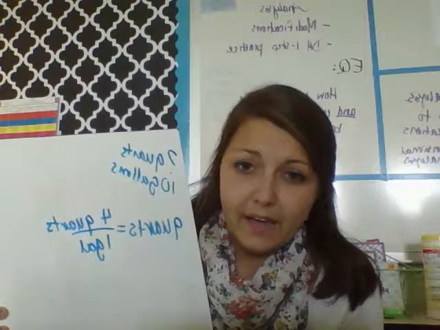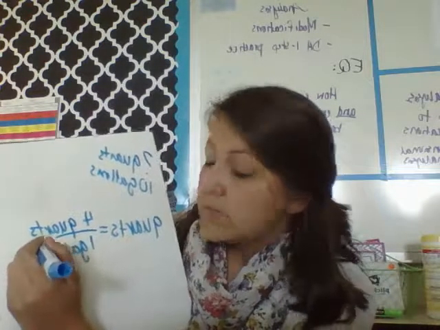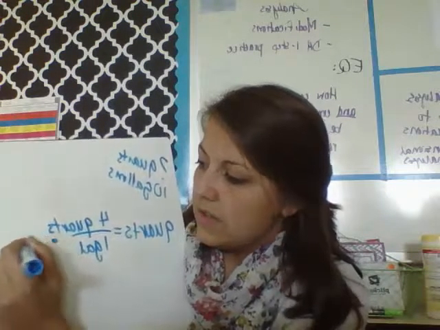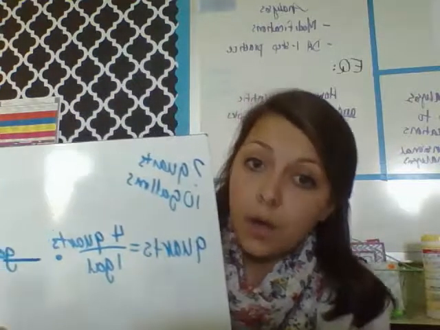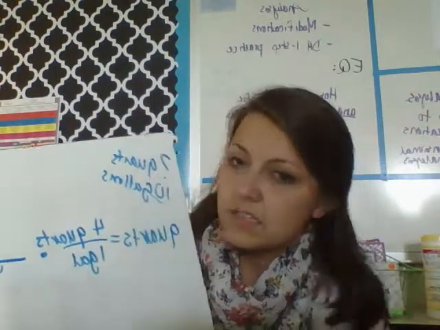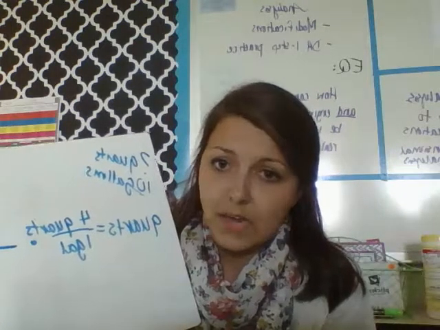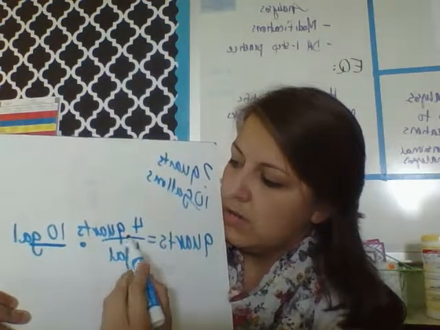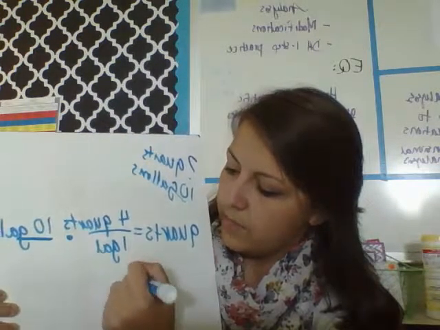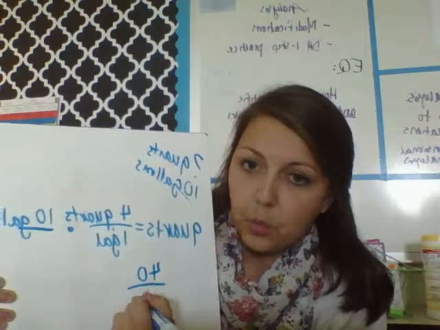We're solving for quarts. So then the gallons need to go up here. Gallons is what we know. So we know we've got 10 gallons, and we're trying to determine how many quarts we have. So over here goes the 10 gallons. 4 times 10 is 40, divided by 1.